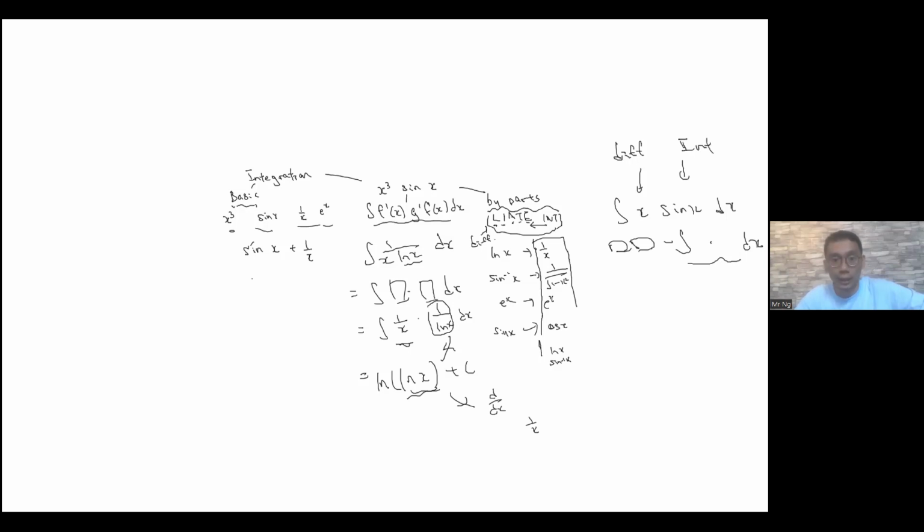Looking at the LIATE, integrate this one first. I don't really memorize whether it's UV or whatever. What I will do is whatever needs to be integrated, I will integrate it. So integrating this one is negative cosine x.